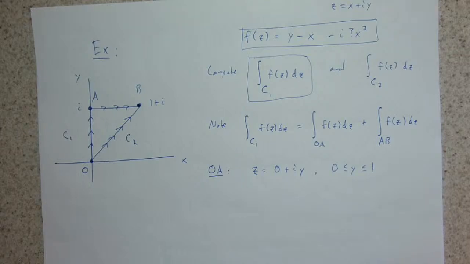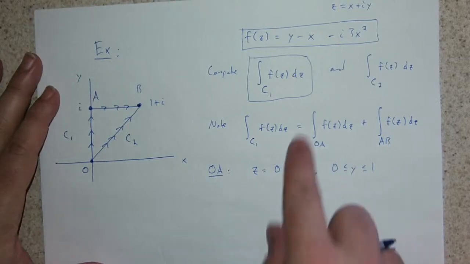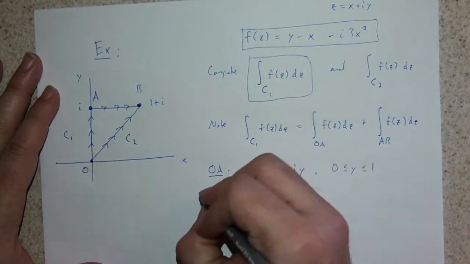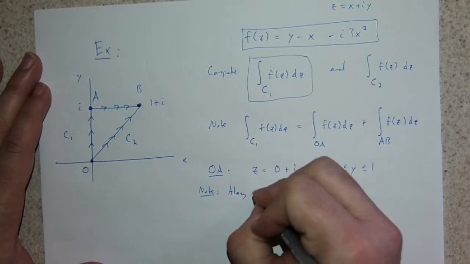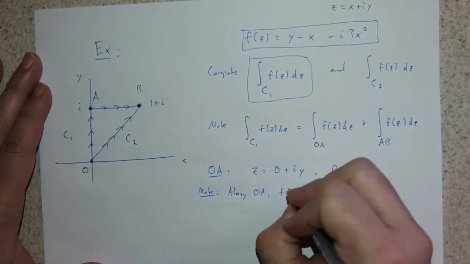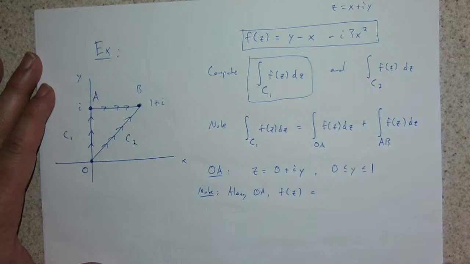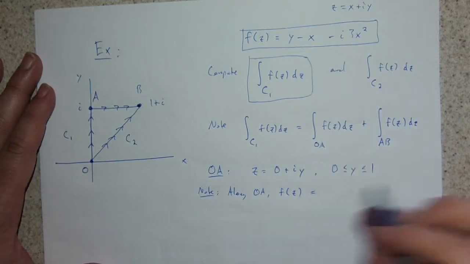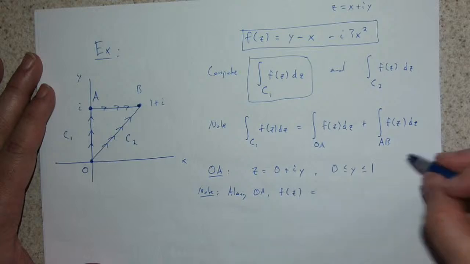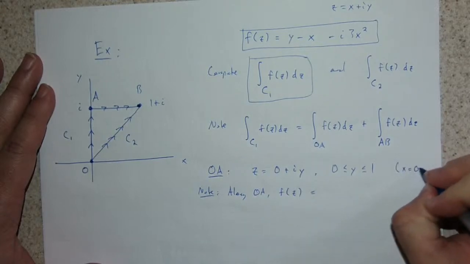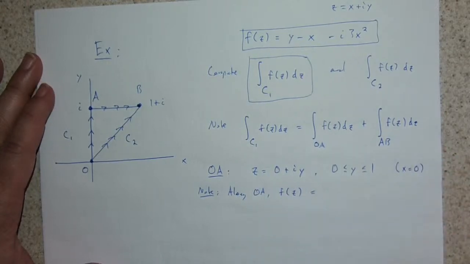Okay. And so, along this path, f is pretty easy. Note, along OA, f of z is equal to, well, along OA, x is just always 0. Right? So x is always equal to 0 along this path.